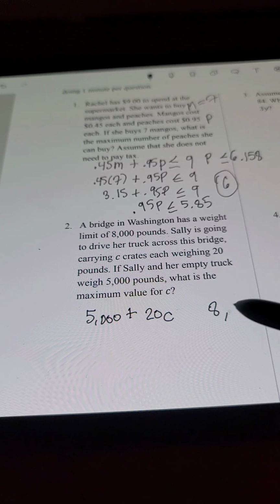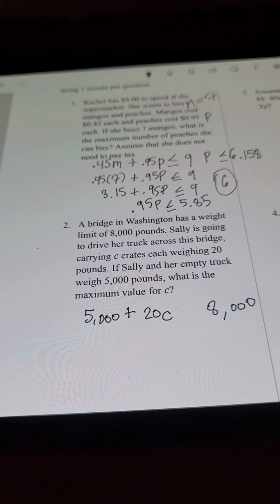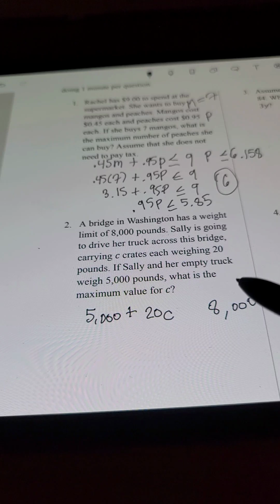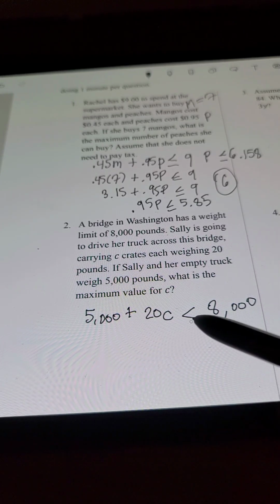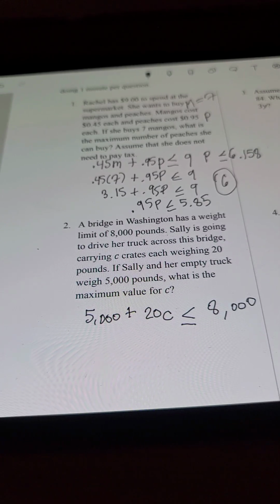So now we have that this is 8,000 pounds. And now we just have to think about the inequality symbol that goes in between. If 8,000 pounds is the limit, then when we add all this up, it could be equal to 8,000 or it could be less than that. So this is what it's going to look like.